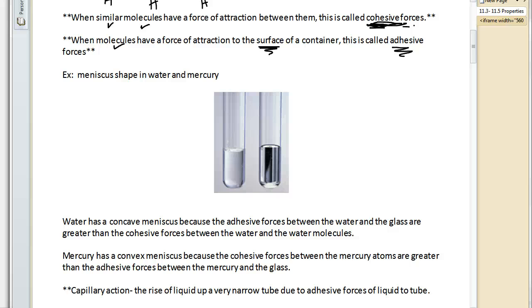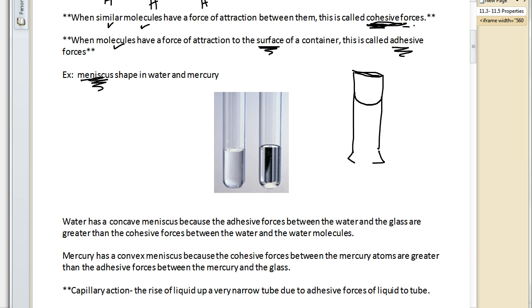And a good example of this is the idea of a meniscus. We've talked about this in pretty much any chemistry class. If we have a graduated cylinder, and this is a poorly drawn graduated cylinder, and we put some liquid in there, oftentimes a real small glass graduated cylinder, we're going to have this dip down on the surface level, and we call that a meniscus.